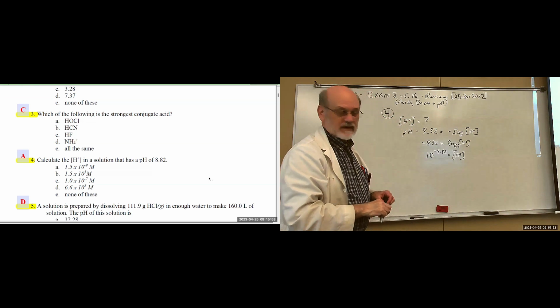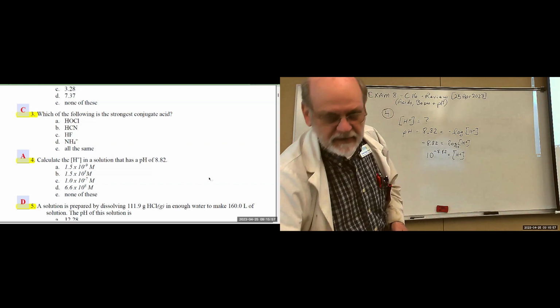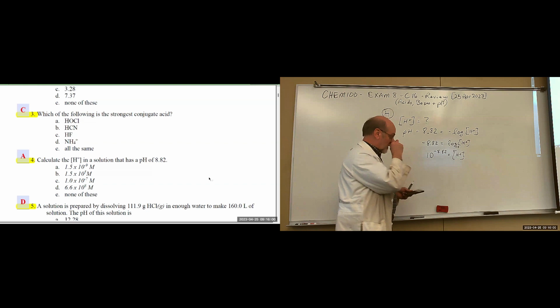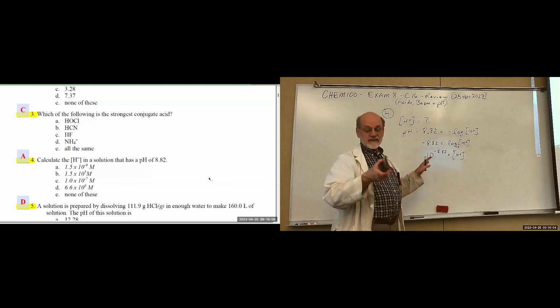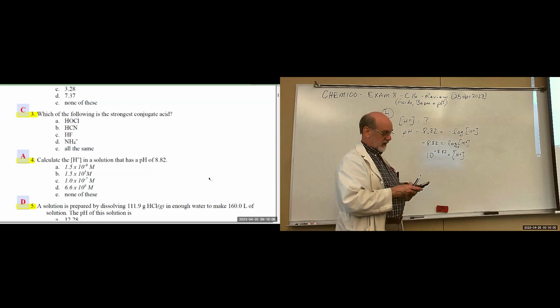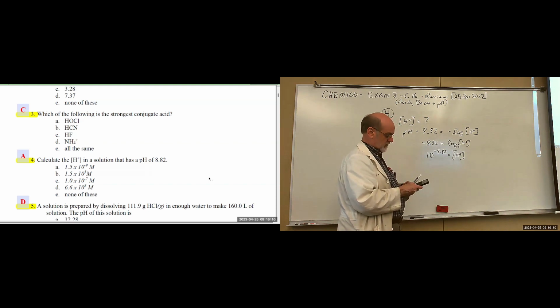And in the interest of time, now we got time. I'll run this through my calculator. I like to do this occasionally because sometimes I find mistakes in my review documents. So 8.82, let me change the sign, and then 10 to the x.